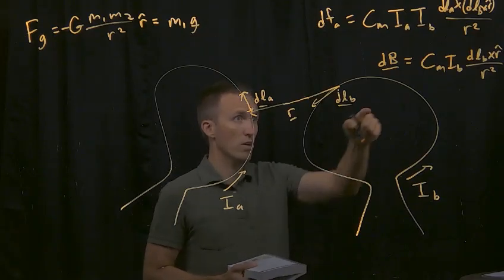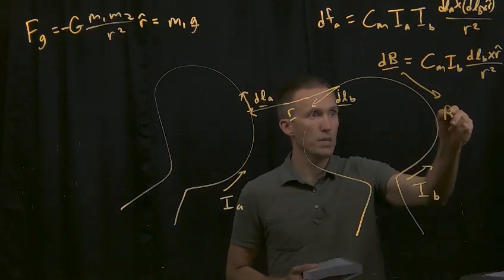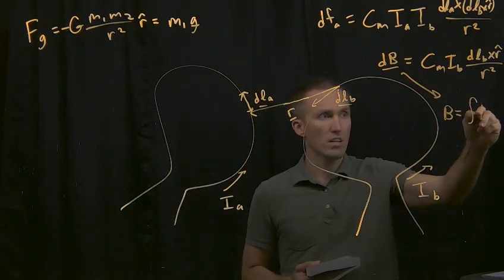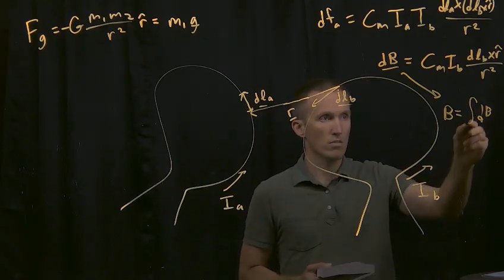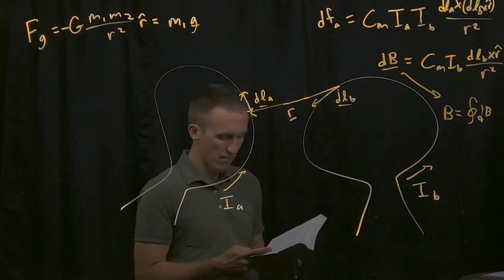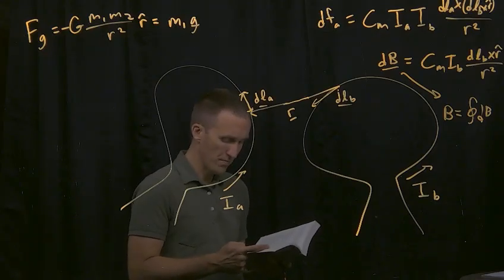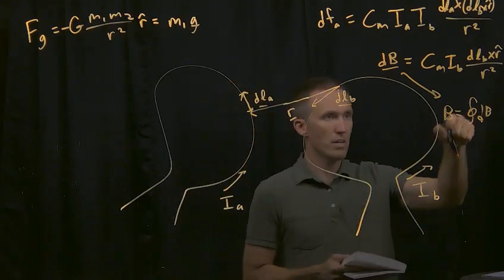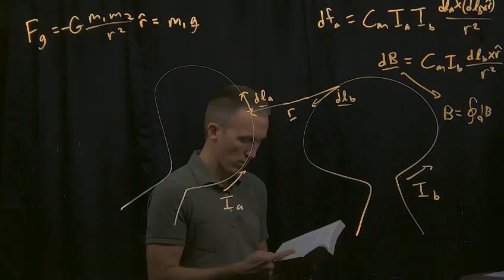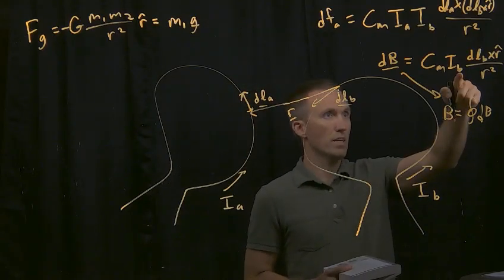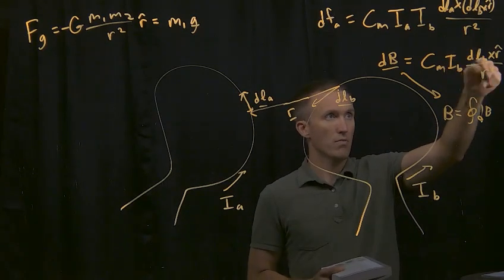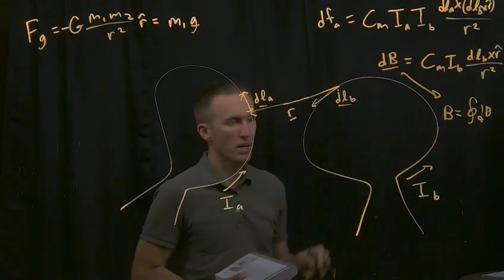And of course, in order to go from that to actually B, we're just going to integrate dB around the loop of the current. So we'll do some kind of integral around the loop of the wire. And this is going to be called the Biot-Savart equation, or the Biot-Savart law. I can put this integral back in here, integrate this quantity here, and this would become B.